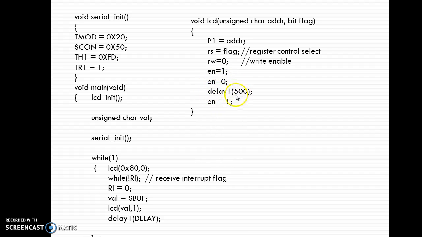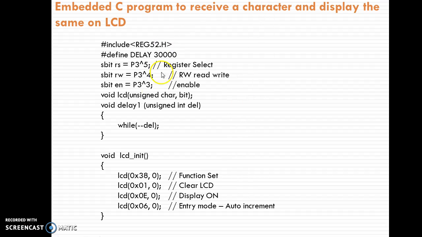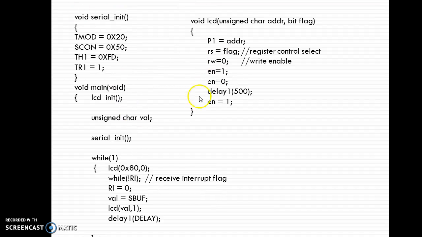We are calling a delay of 500. When this particular function is being called, the control will be transferred here and the while loop will create a delay of certain milliseconds. Later on, the enable pin is reset to high once again. After this operation, the control will be transferred here.